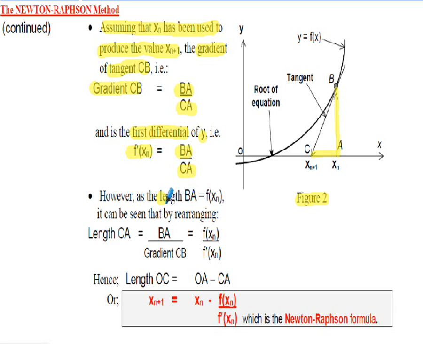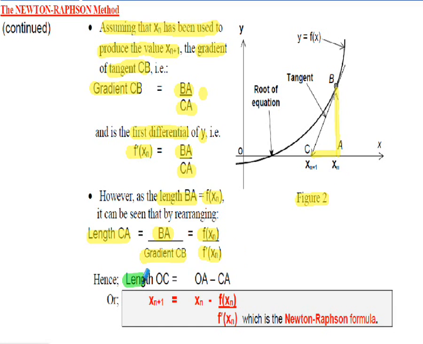However, the length BA in our diagram is actually f(xn), in other words, the y value from our equation. So by rearranging, the length CA can be written as BA divided by the gradient CB. Using notation from the line above, we can write BA as f(xn) and the gradient CB as f'(xn).